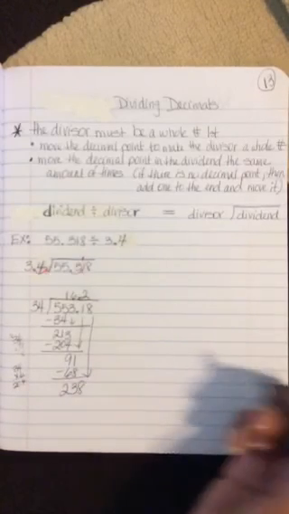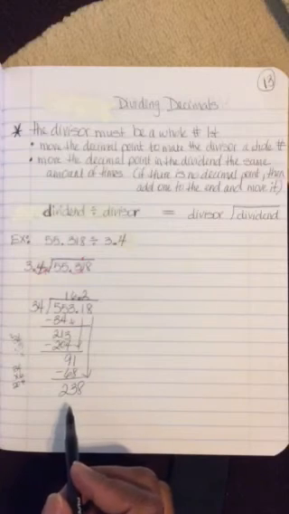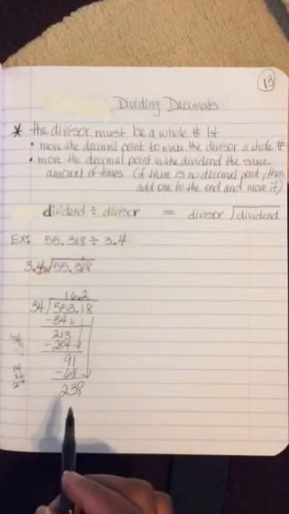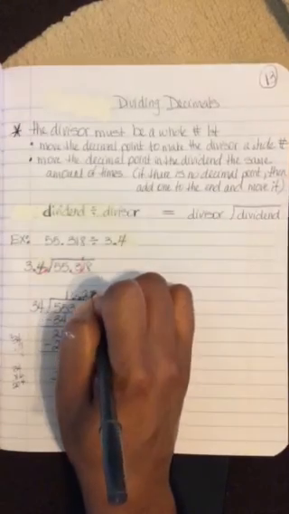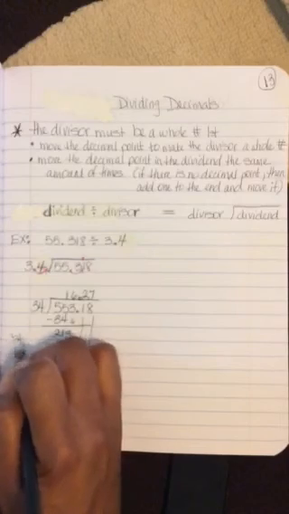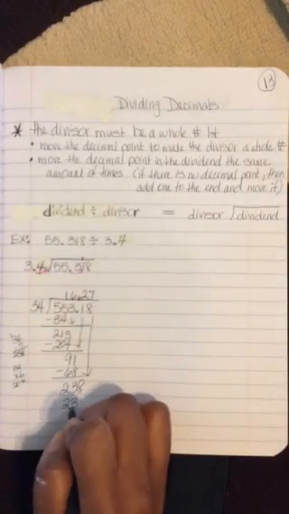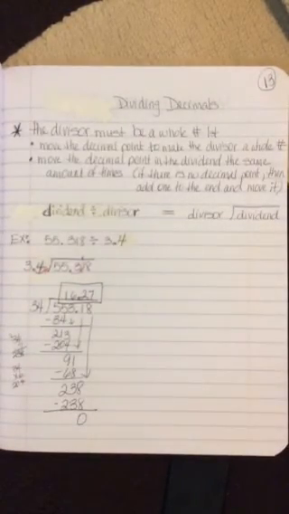And bring down the 8. And then we're going to divide into 238. And it's actually going to go 7 times evenly, because that's actually what that comes out to be. So final answer, 16 and 2700ths.